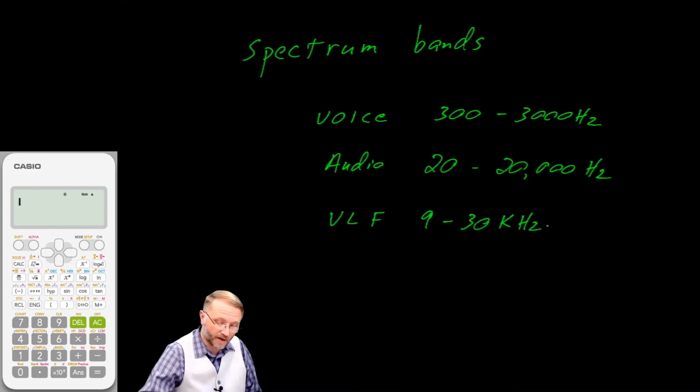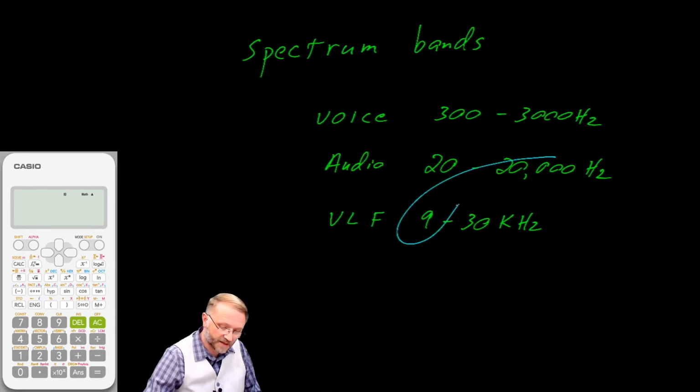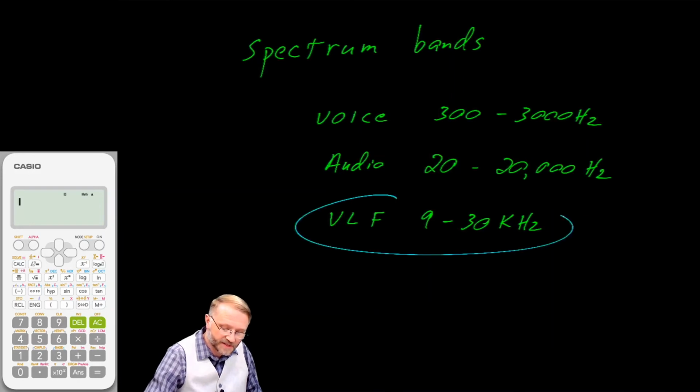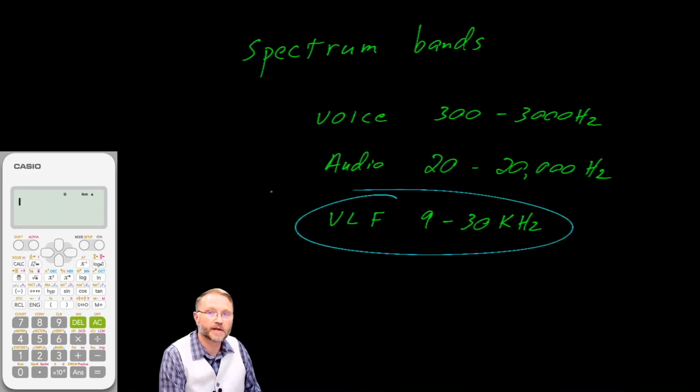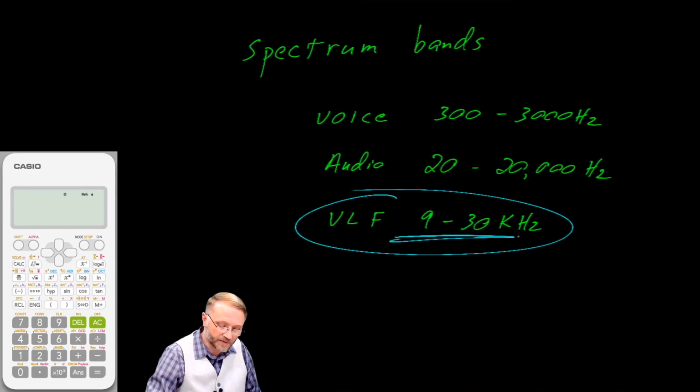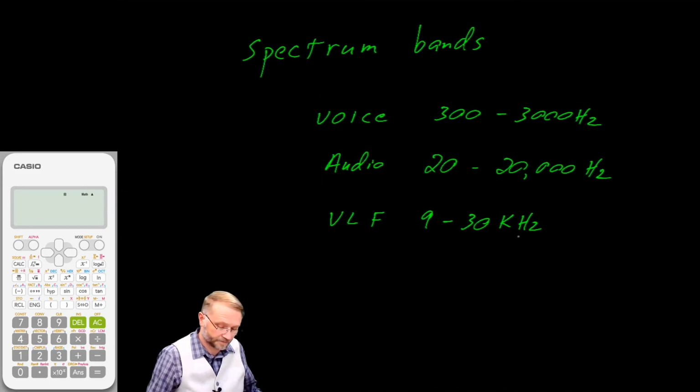And yes, there are radio frequencies that overlap the audio band, because 9 kilohertz is in the audio band. These frequencies are of interest to military folks because the very low frequencies can actually penetrate the water, which would allow a submerged submarine to receive messages. HF, we'll describe as 3 to about 30 megahertz.